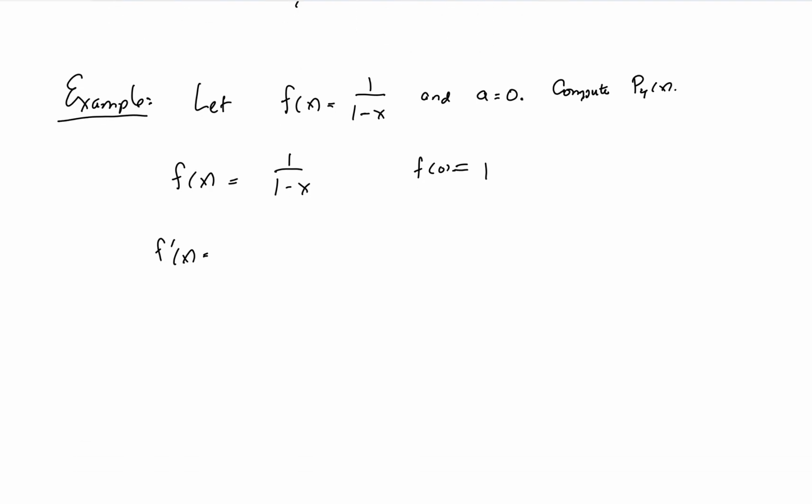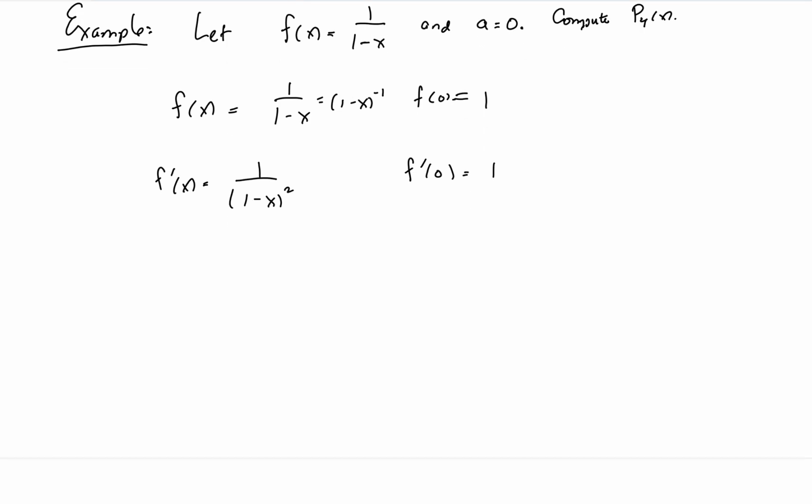Now we can think of this as 1 minus x to the negative 1. So this becomes a negative 1 times 1 over 1 minus x squared times the derivative of minus x, which is just negative 1. So this is 1 over 1 minus x squared. So f prime of 0 in this case is 1 again.